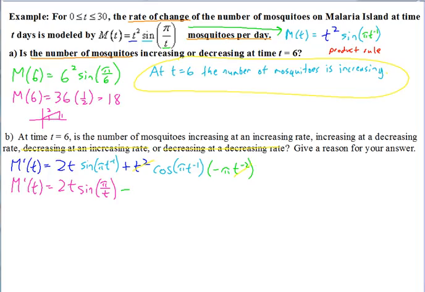So we just have the negative pi out in front, and then cosine of pi over t. Just put the negative exponents, got rid of those to make it simpler to substitute in. So now let's go ahead and substitute 6. M prime of 6, 2 times 6 times the sine of pi over 6 minus pi times the cosine of pi over 6.